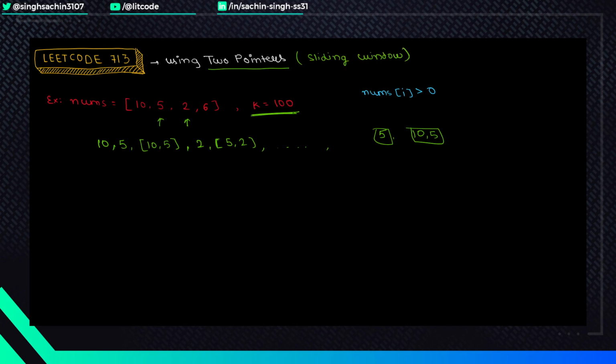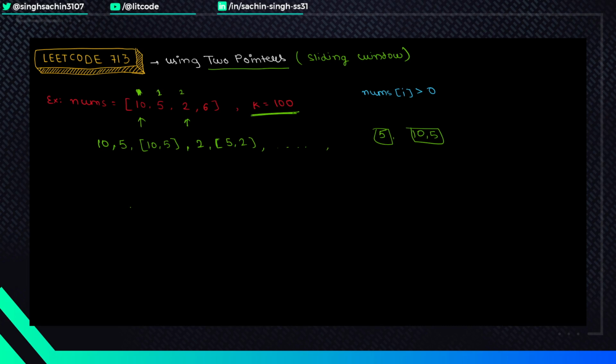Now to calculate how many subarrays we'll have between any two indices, for example 10 to 5, 10 to 2, let's assume this. There is a simple formula which can be used over here. Let's make it 1, 2, 3.